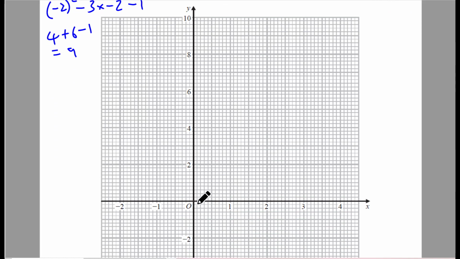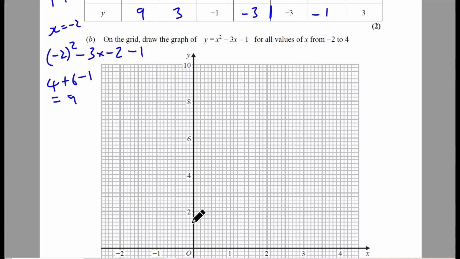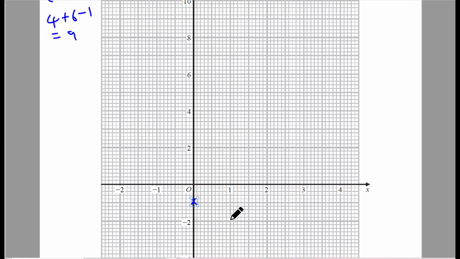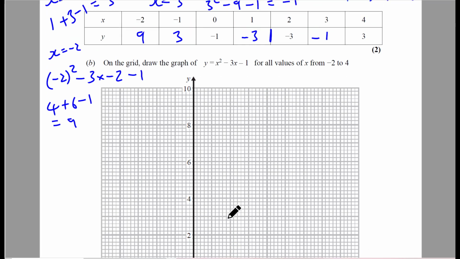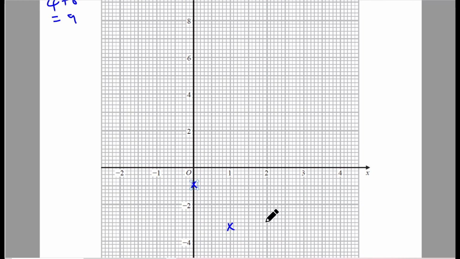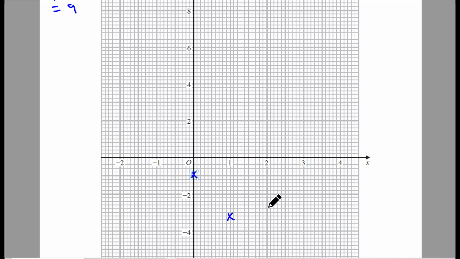So I would plot all the points 0, minus 1. You do get marks for plotting. 1, minus 3. I think 2 was minus 3 and 3 was minus 1. So that's here and that's here.